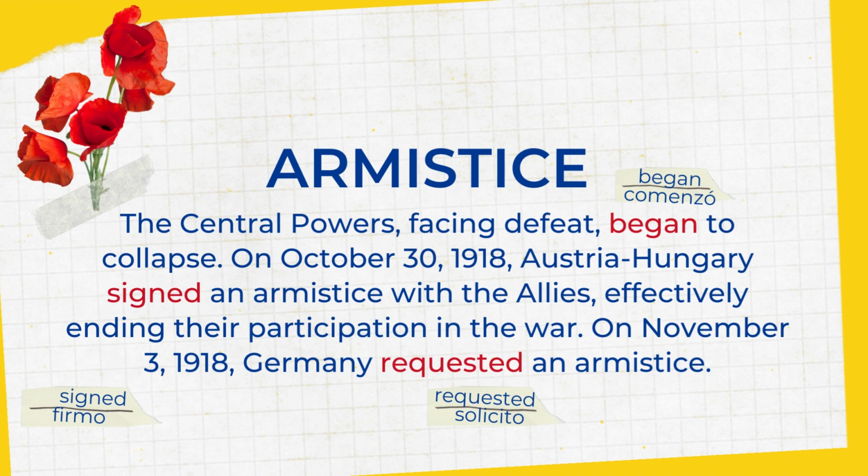On October the 30th, 1918, Austria-Hungary signed an armistice with the Allies, effectively ending their participation in the war. On November the 3rd, 1918, Germany asked for an armistice.